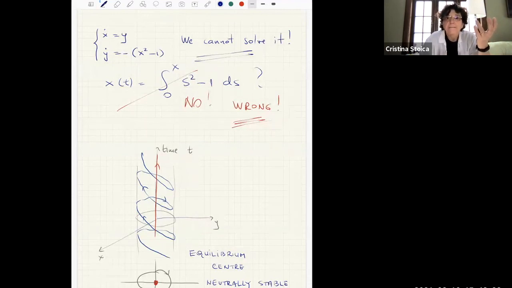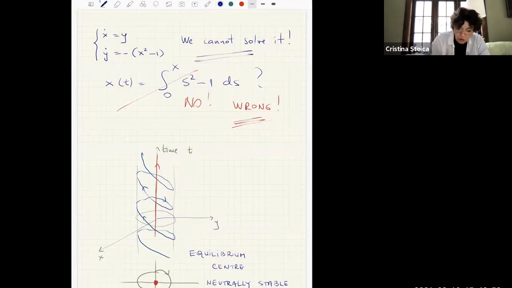You can take initial conditions (0, 0), (1, 0), (5, -1), whatever, as many as you want. How do you know that you covered all possible cases? To answer that, be my guest and try to solve it. We cannot solve this system because it's non-linear. There are no algorithms that exist to solve non-linear systems.